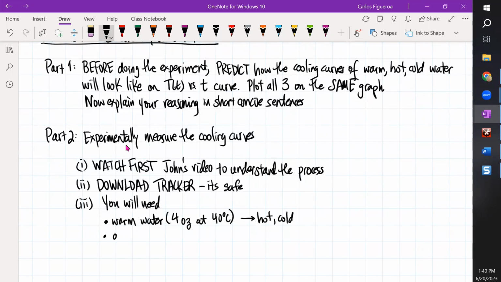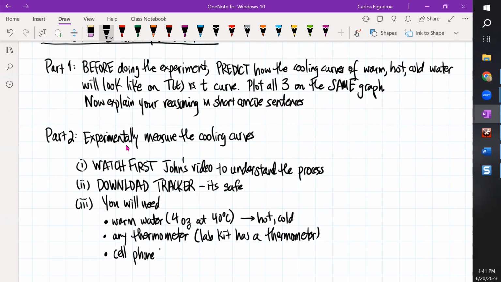Okay, and then any thermometer. When I first did this, I did it with my household thermometer. In fact, you don't need any part of the lab kit for this. In this case, the lab kit has a thermometer too. And then finally, you're going to need a cell phone to record the video.